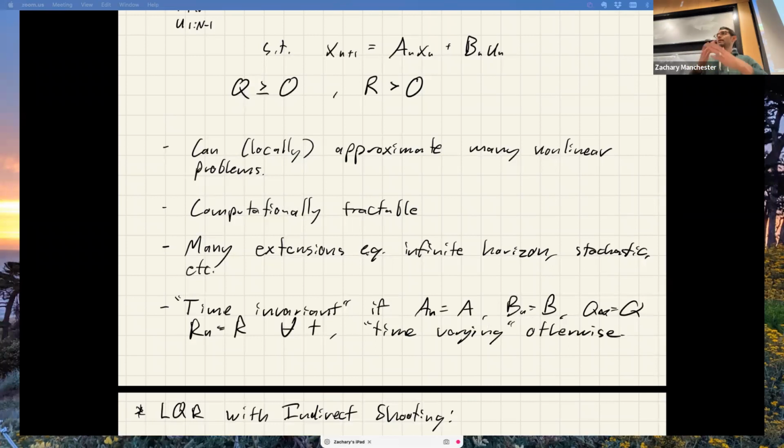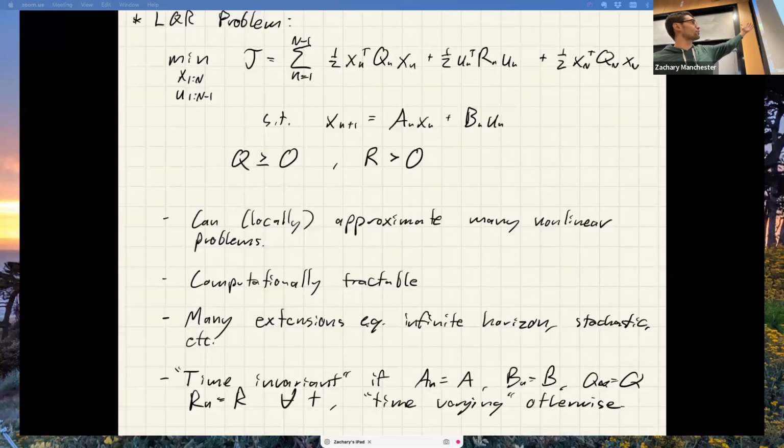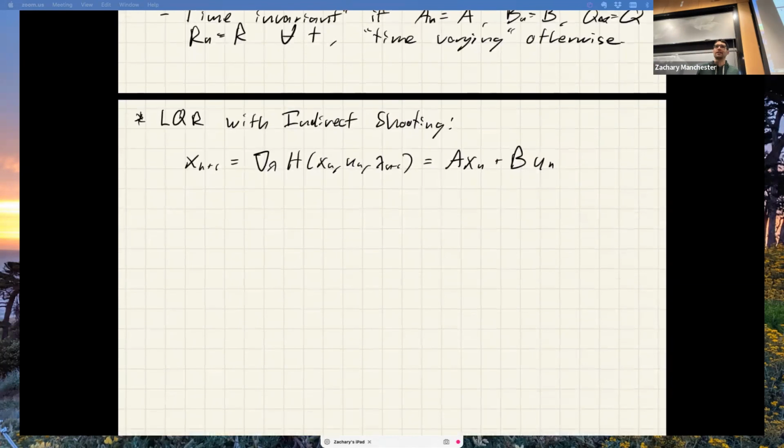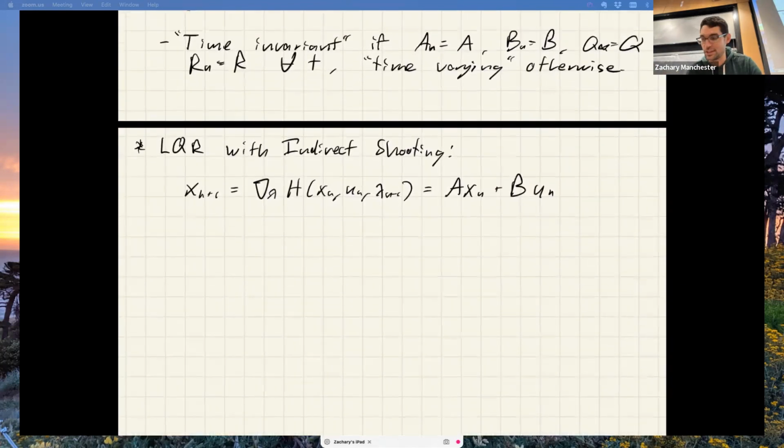So if the matrices are the same for every time step, it's time invariant, but in general, they can be different at each time step. Right now I'm just going to write it out for the time invariant case, because it's easier and there's less bookkeeping, but you can have subscripts on all of the matrices as well, right?